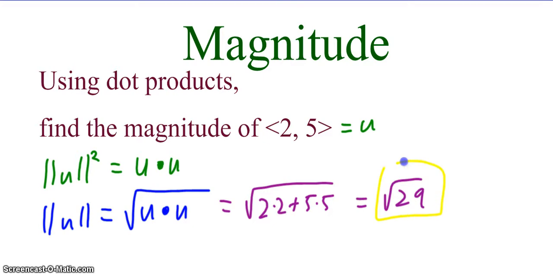So we're using the dot product to find the magnitude. It's the same calculation, it's just recognizing that it can be thought of as the dot product as well.